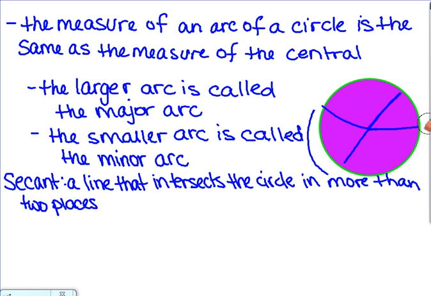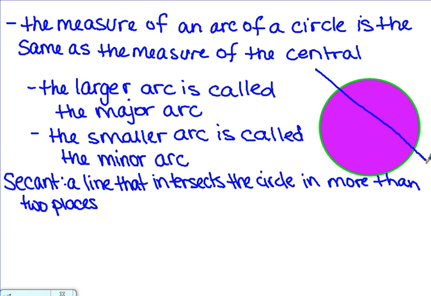For example, if I have a line that intersects the circle at this point and at this point, this line is a secant of the circle.